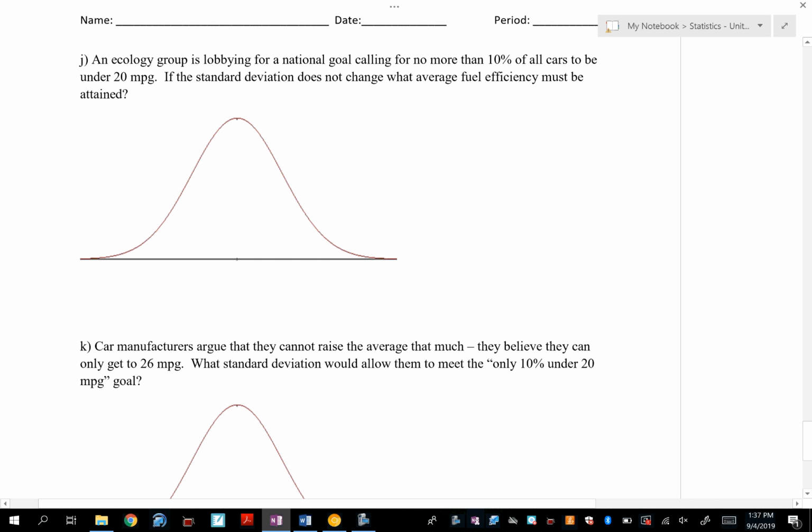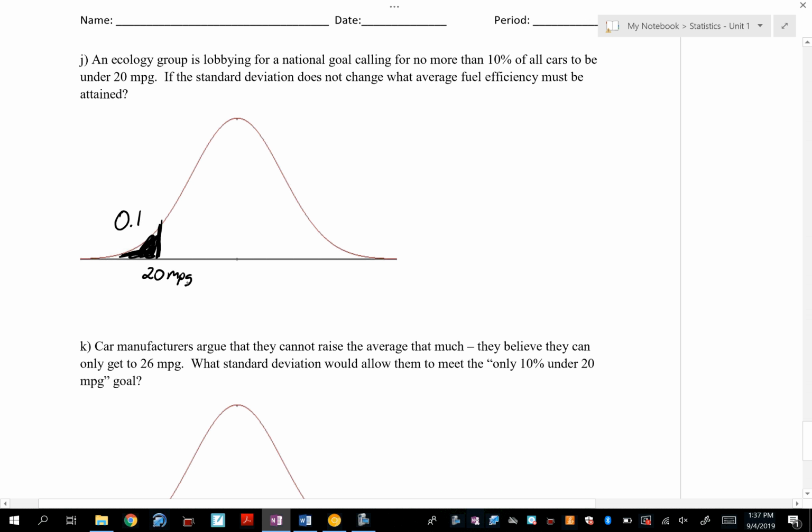So we just looked at a problem that talked about the worst 20% of all cars in terms of their fuel efficiency. But now we're talking about this lobby group that wants no more than 10% of all cars to be under 20 miles per gallon.